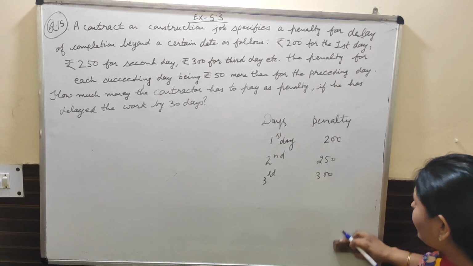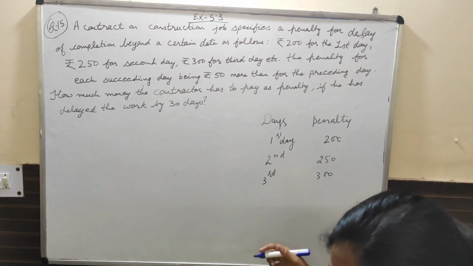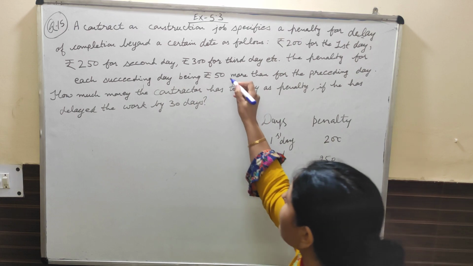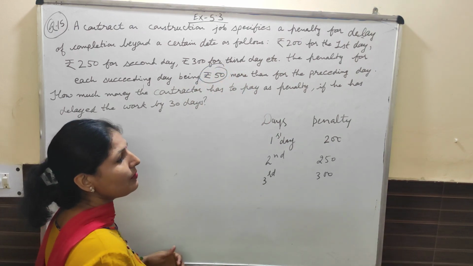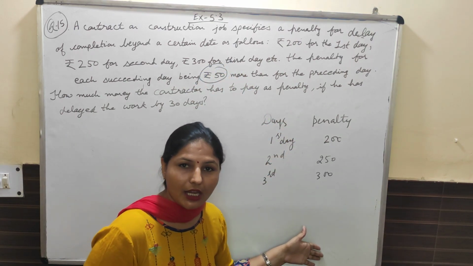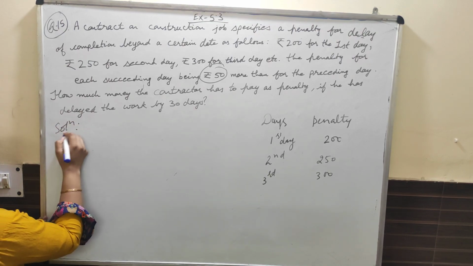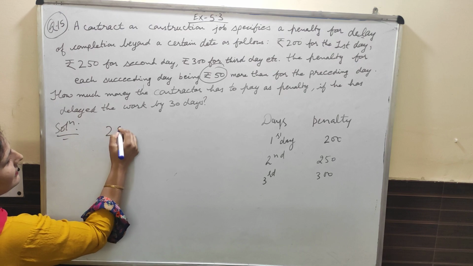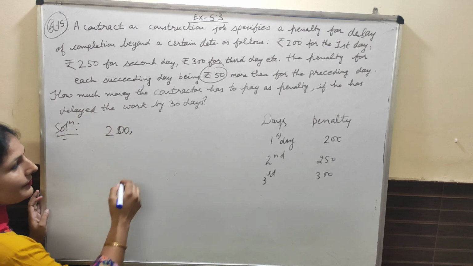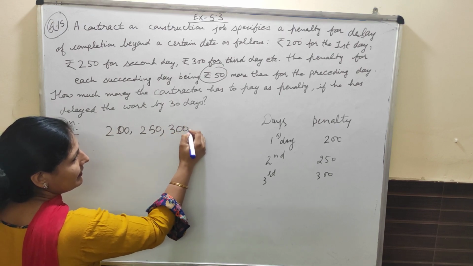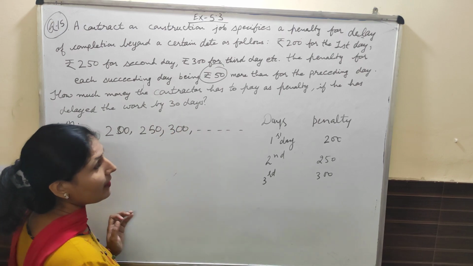As the days increase, third, fourth, fifth day, the penalty is increasing by rupees 50. So it forms an AP here. The sequence is like that: 200 first term, then 250 for the second day, for the third day 300, and so on.